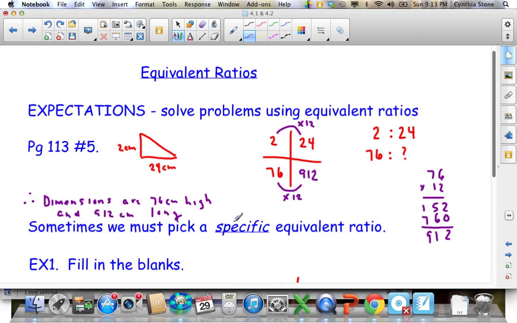Based on the question, it's not that clear that it has to be 76 centimeters high. That's not specified, but that does lead us nicely into the next part of our note, where we are looking at specific equivalent ratios.